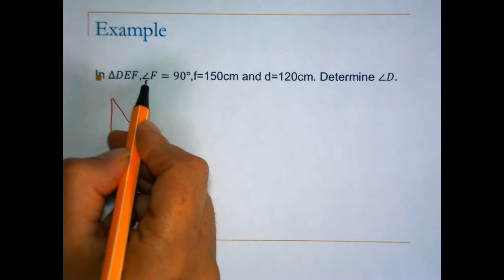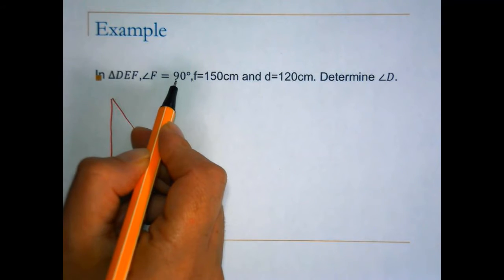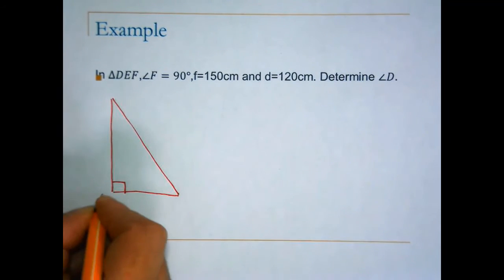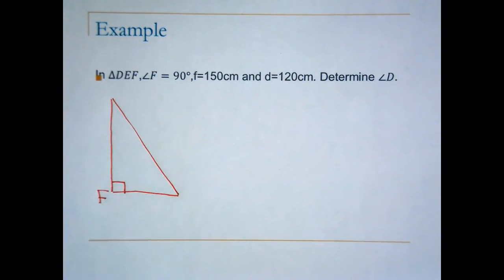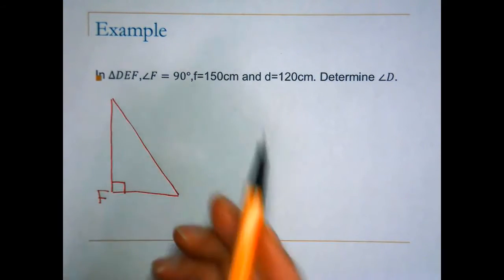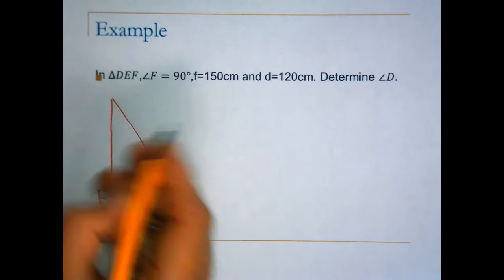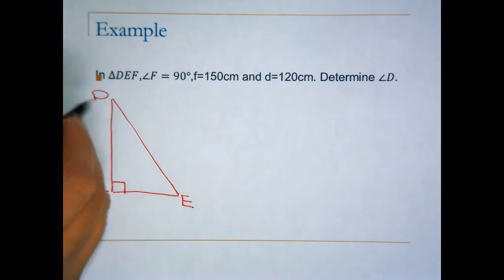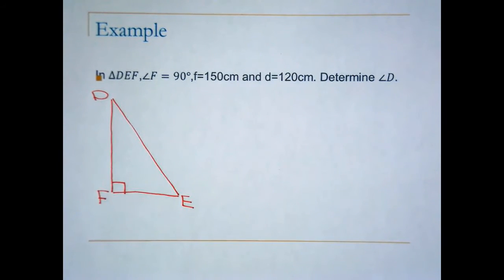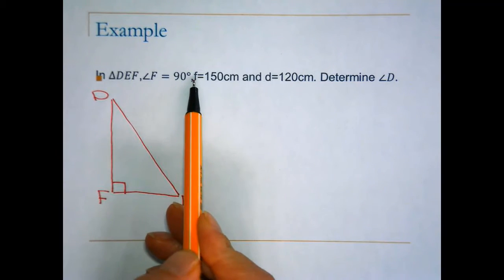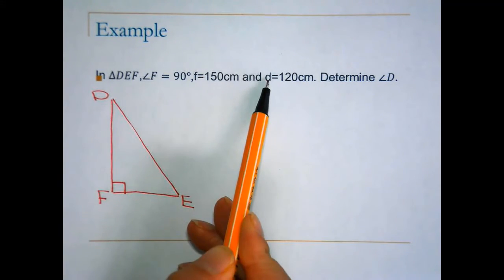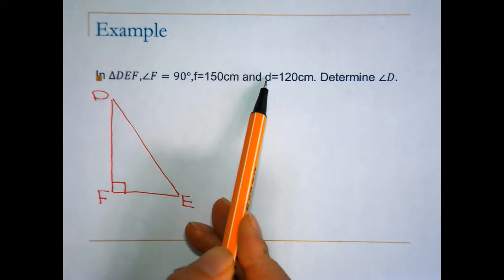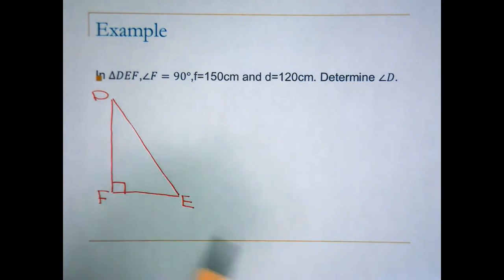So it already says angle F is 90 degrees. And this is the right angle. So I know this is going to be angle F. And then it says we have two other angles, D and E. So I'm going to call this D and E, D, E, F. Now, this question is using little letters to represent the sides. So let's figure out.